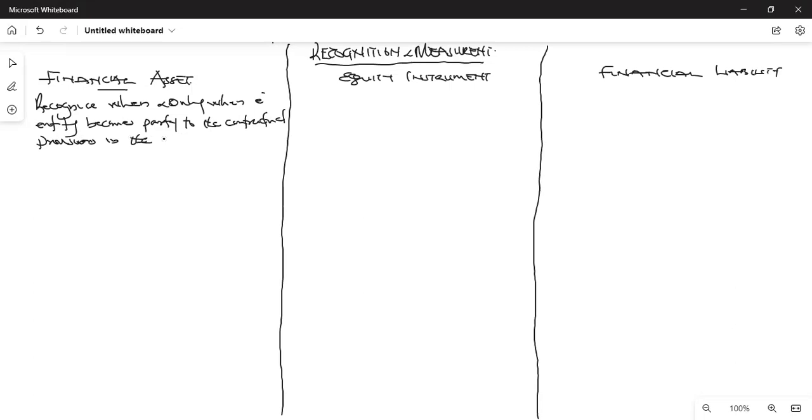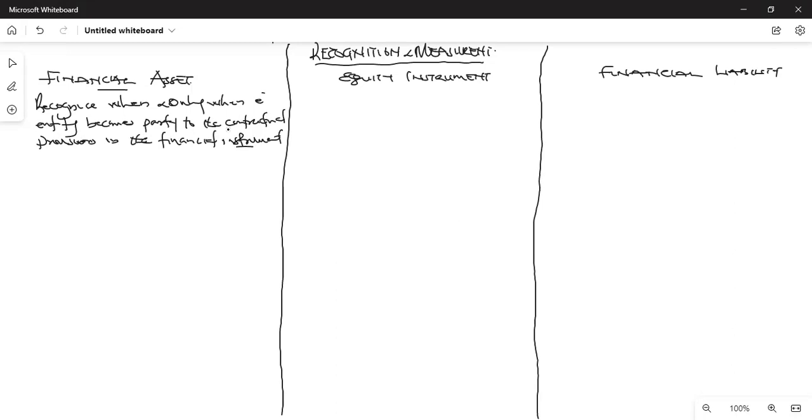What we are talking about is the financial instrument. So the moment you become a party of the contract embodying the financial instrument, then you can recognize it.